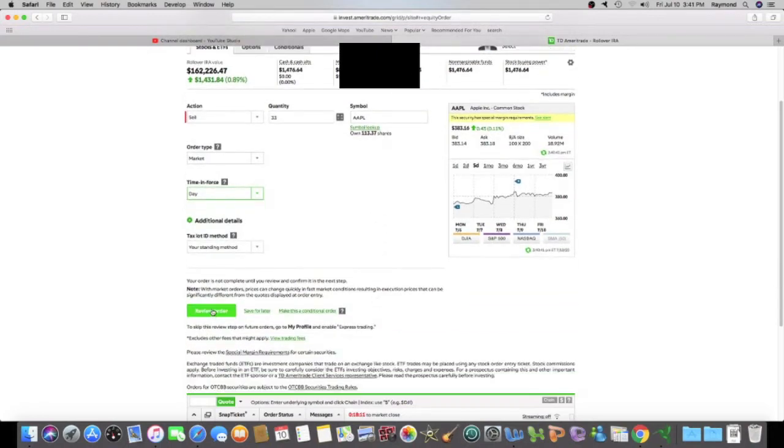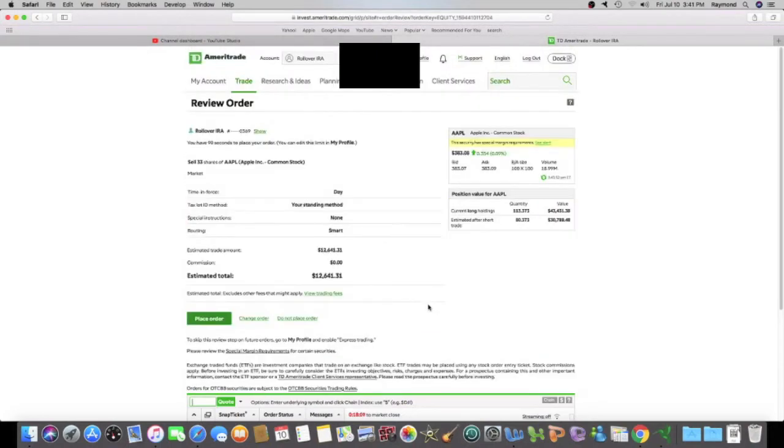Scroll down, review order. Time in force, day. All this stuff. Tax lot ID method, don't worry about it. Special instructions, none. Routing, smart. All this stuff is predetermined by TD Ameritrade. I guess if I wanted to, I can go in, read more definitions, and change it. Estimated trade amount.